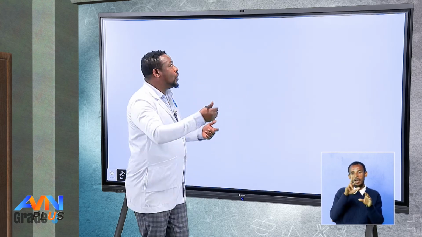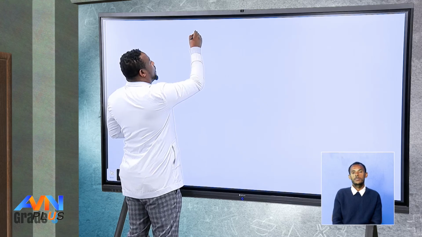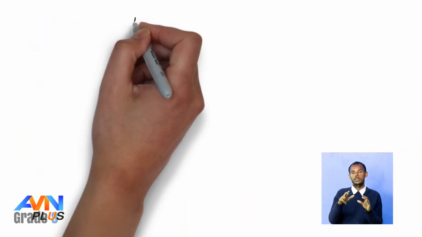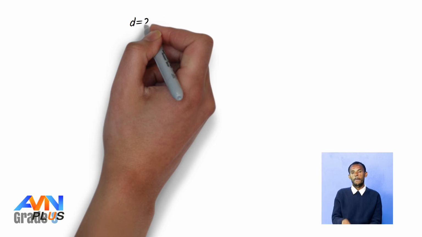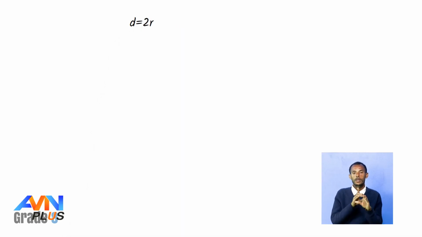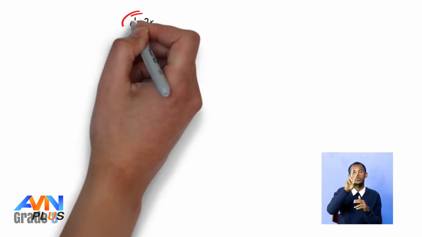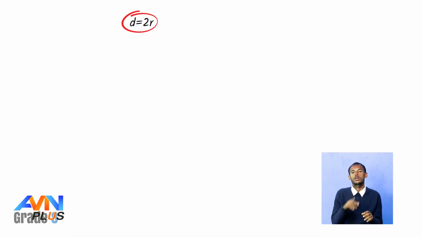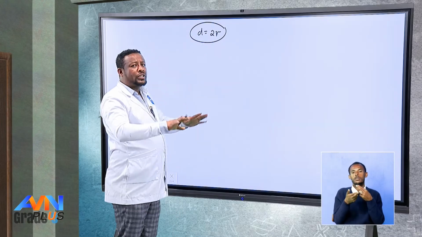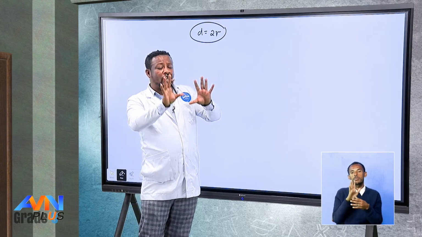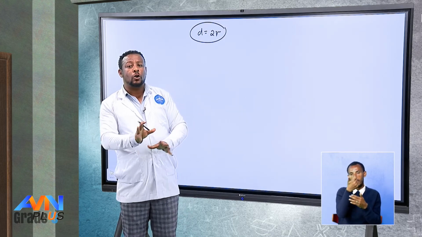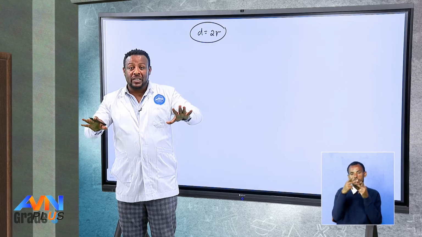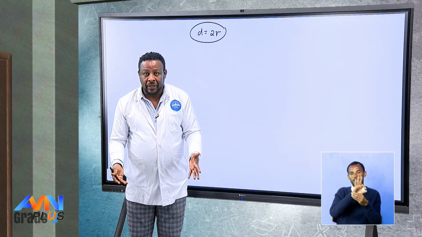So keep in your mind that the diameter is 2 times the radius. You need to know this relationship. Without the need to prove it, if you sketch any circle, you can clearly observe that a diameter of a circle is twice the radius, right?